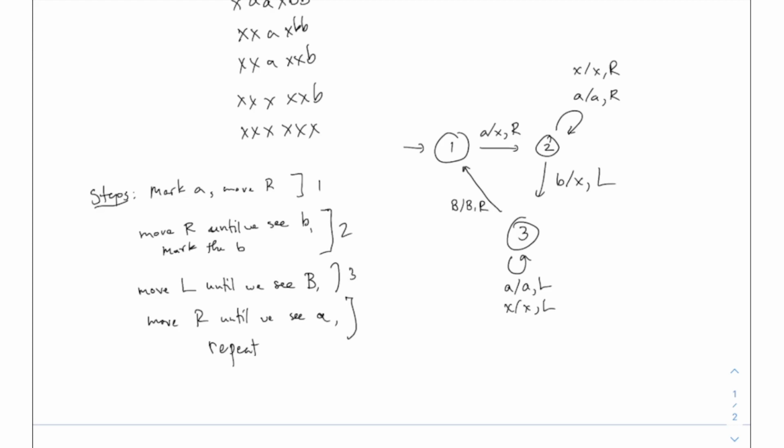Now, there is this matter of what I wrote as the last step here, move to the right until you see an A. After you back up all the way to the beginning, you will see some X's, and you need to move to the right past those X's. Now, you could make a special state which does that, but actually, you can put that right here, X, X, R. That little loop never happens the first time through the machine, but in subsequent steps, it does happen.